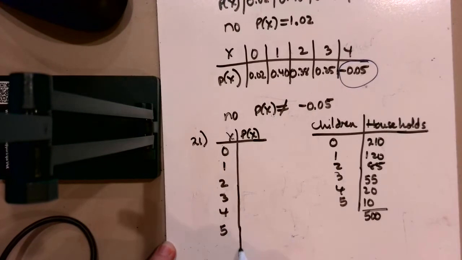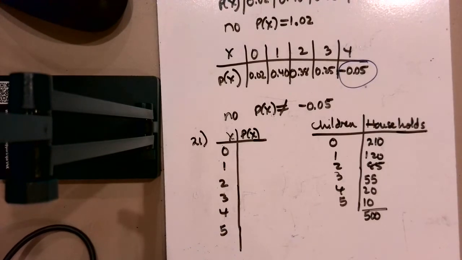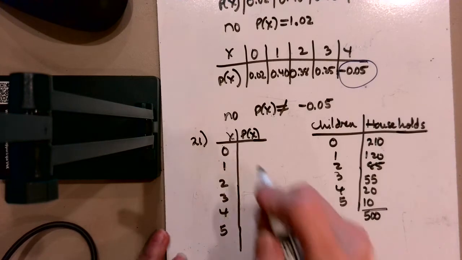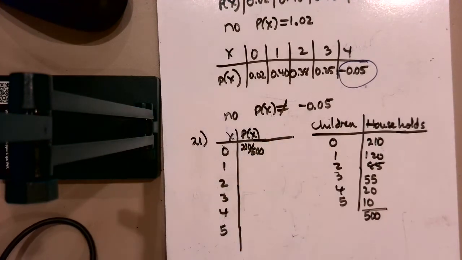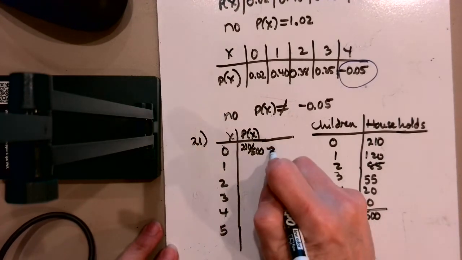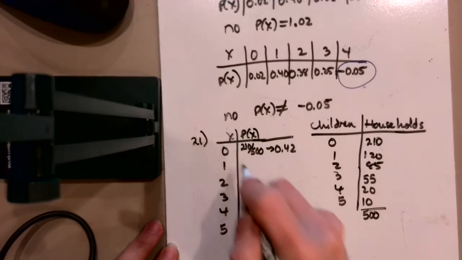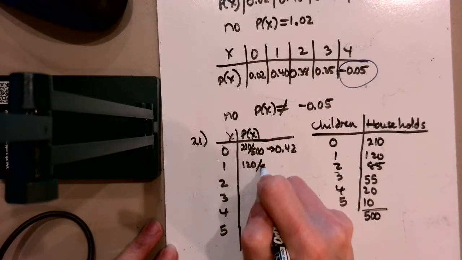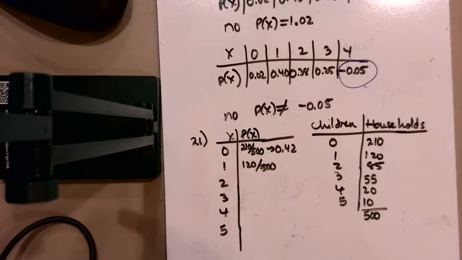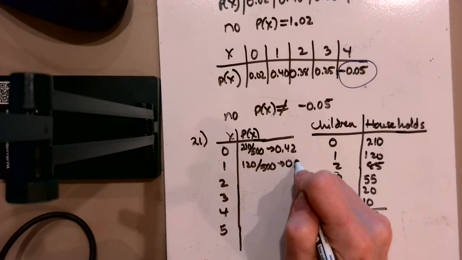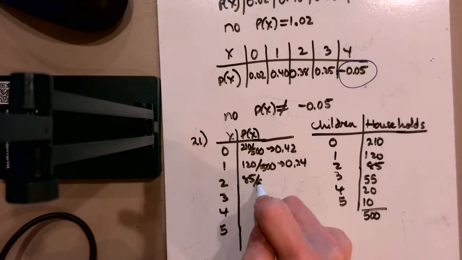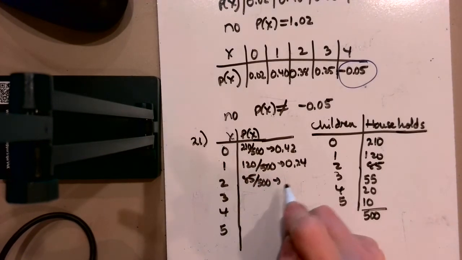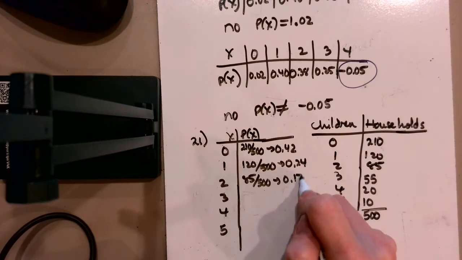Remember, in a probability distribution, you have values of x and their associated empirical probabilities. 210 households out of 500, on my calculator, gives 0.42. 120 out of 500 had one child, so that's 0.24. 85 out of 500 had two children, so that's 0.17.